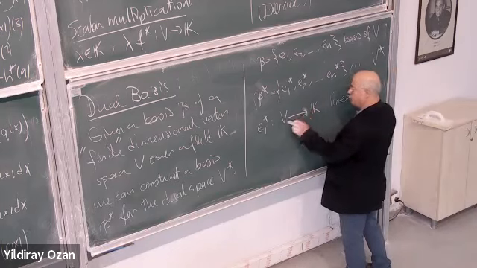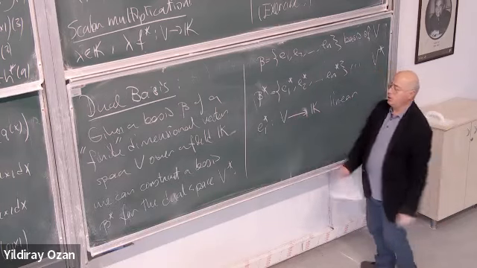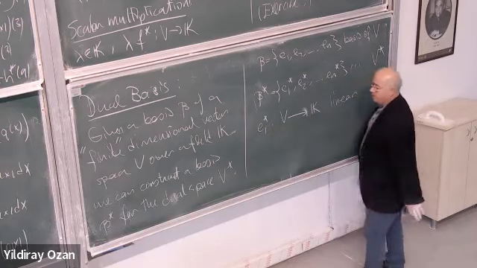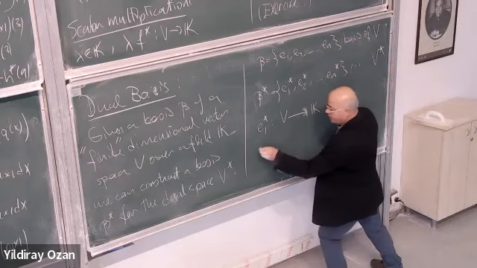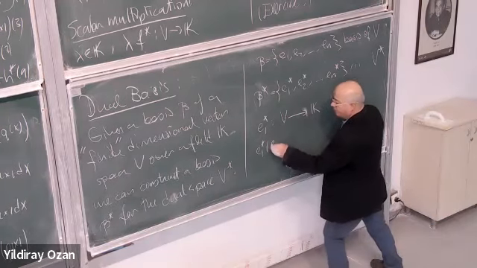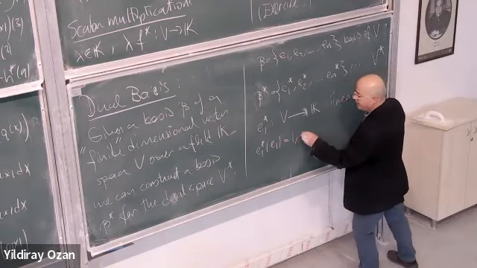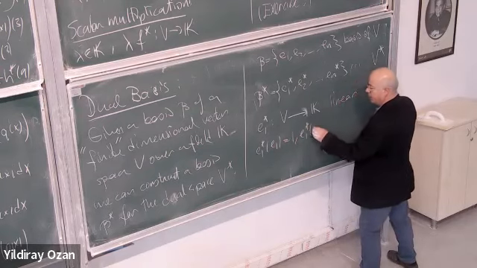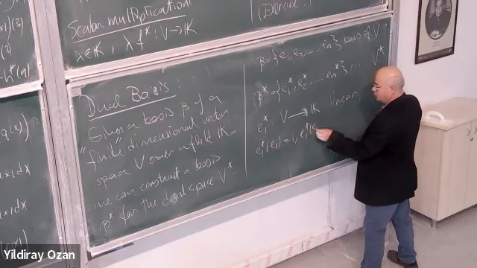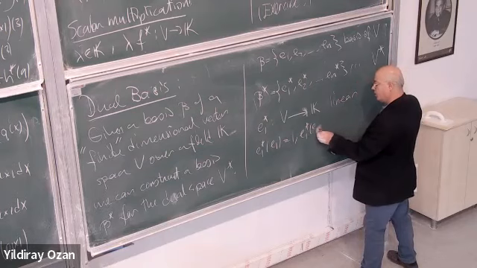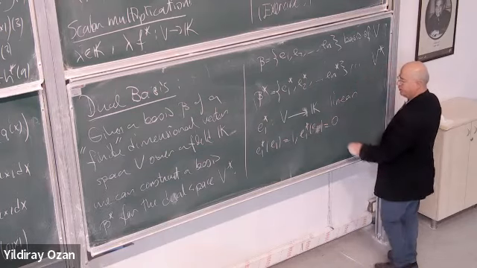So I have to tell you what the images of the basis elements are under this map. And it's very easy. E1 star will map E1 to 1 and send all the other elements E2, E3, and all others to 0.